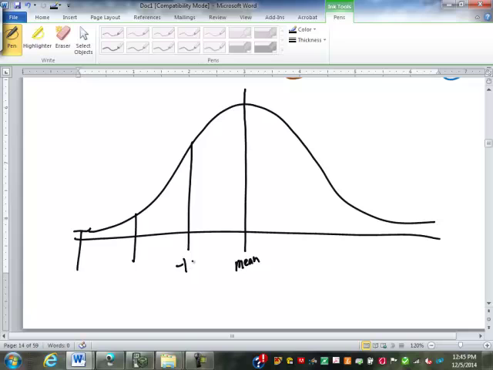So this is minus 1 standard deviation, or 1 standard deviation below the mean, minus 2 standard deviations, and minus 3 standard deviations. Going this way is plus 1 standard deviation, or 1 standard deviation above the mean, plus 2, and plus 3.